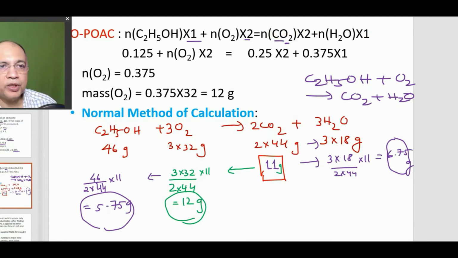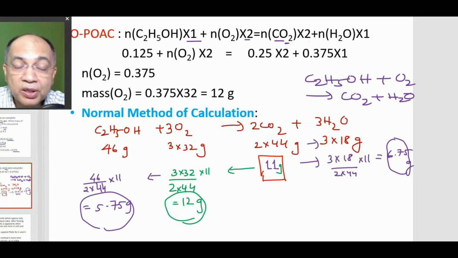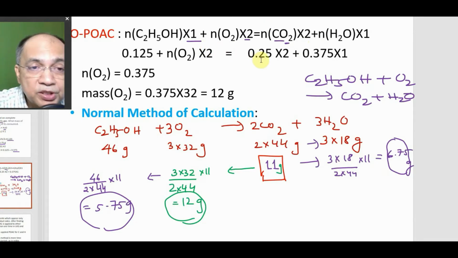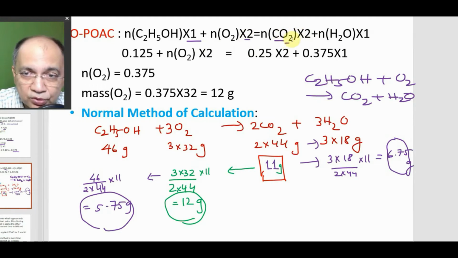So here we have to correct it. Number of moles of carbon, it's okay, because we are not applying POAC to carbon, we are applying POAC to oxygen. So there are 2 oxygen atoms, so into 2, that's okay. So number of moles of carbon dioxide into 2 and number of moles of water into 1, because there is one oxygen atom.